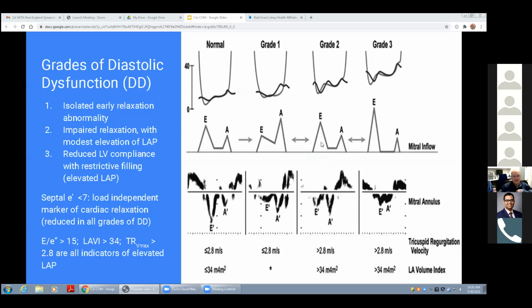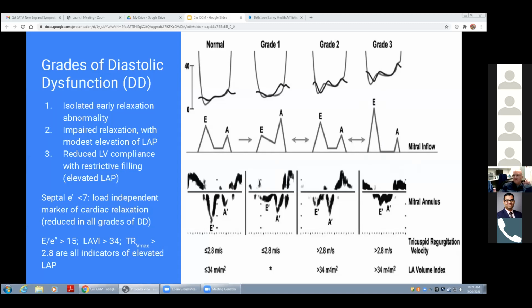This is grade 2, pseudo-normalization with increased pressures. Then later, as the velocity envelope reflects a higher pressure, higher gradient system, you start to see the grade 3 pattern, which is taller and narrow waves that are indicative of a restrictive pathology in the left ventricle.